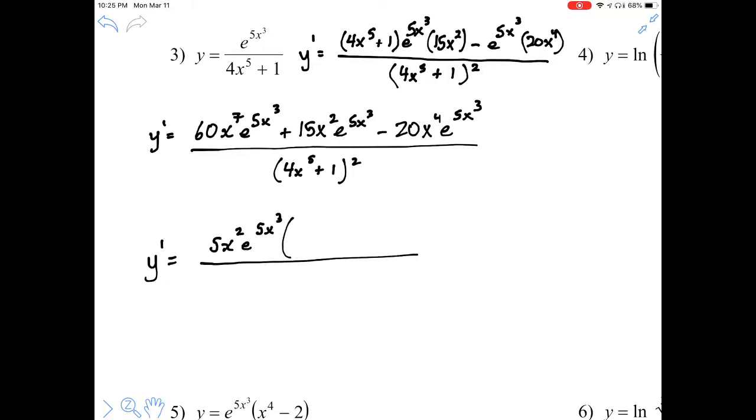If you did that, that's going to leave 12x to the 5th plus 3 minus 4x squared all over the denominator squared. I'd accept either one of those answers right there, though.